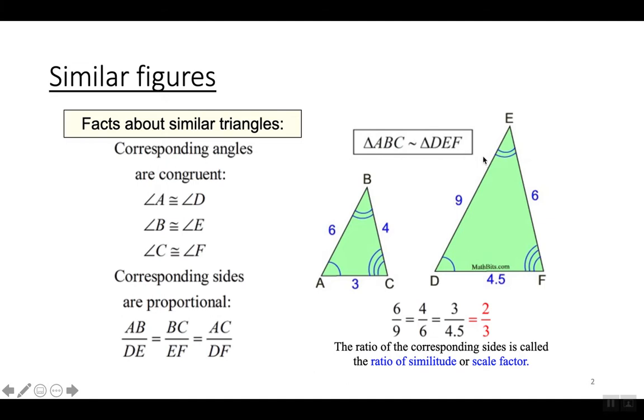A basic explanation is that when two figures are similar, they're going to be exactly the same. The only difference is that one could be bigger or smaller than the other, but they're going to look exactly the same. But that means that their corresponding angles are congruent and their corresponding sides are proportional.